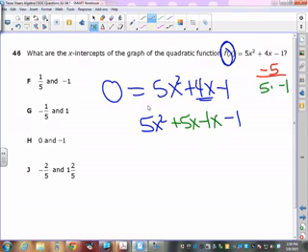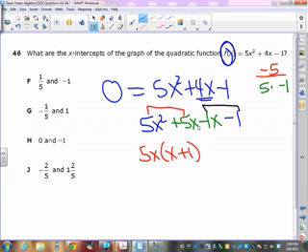And now factor by grouping. These two terms have 5x in common. That will leave you with x plus 1. These two terms, remember when the first, second, and third number in factoring by grouping is negative, your greatest common factor is negative. -1 times x is -x. -1 times -1 is +1. Okay, we combine those.